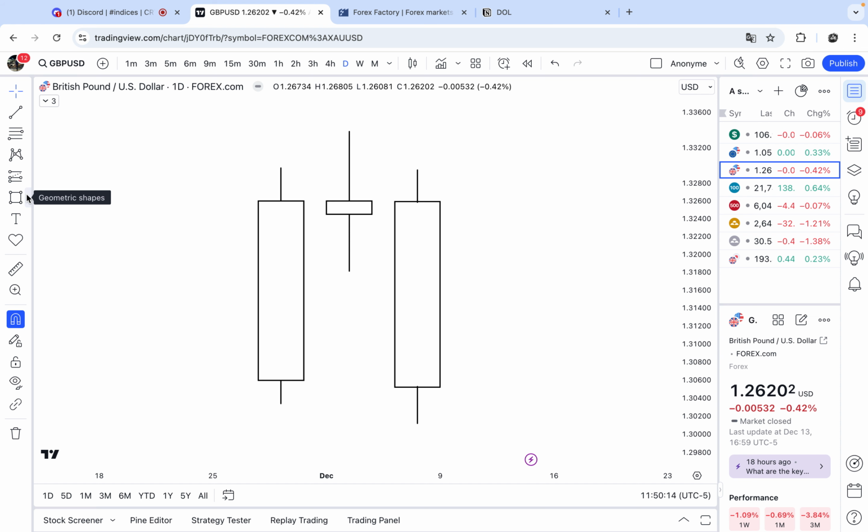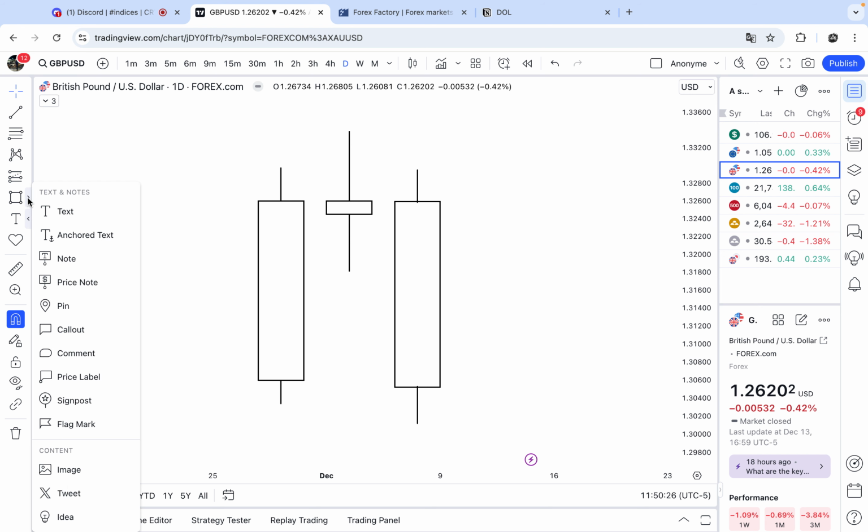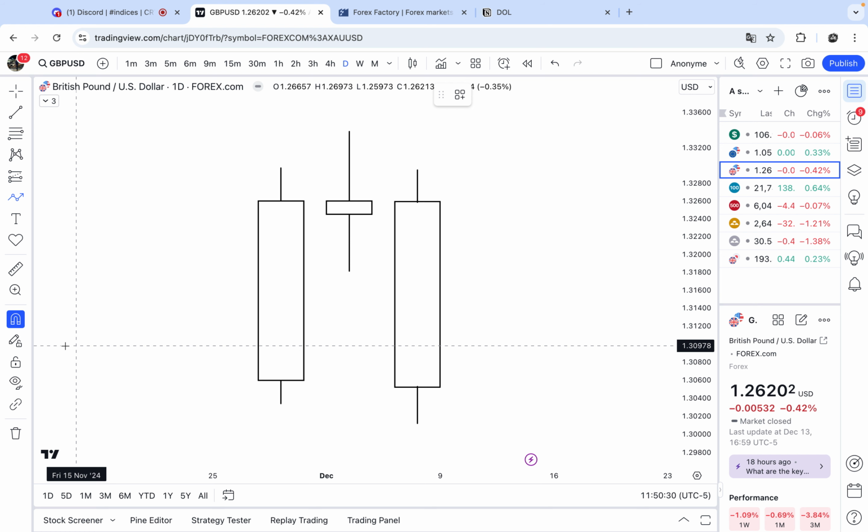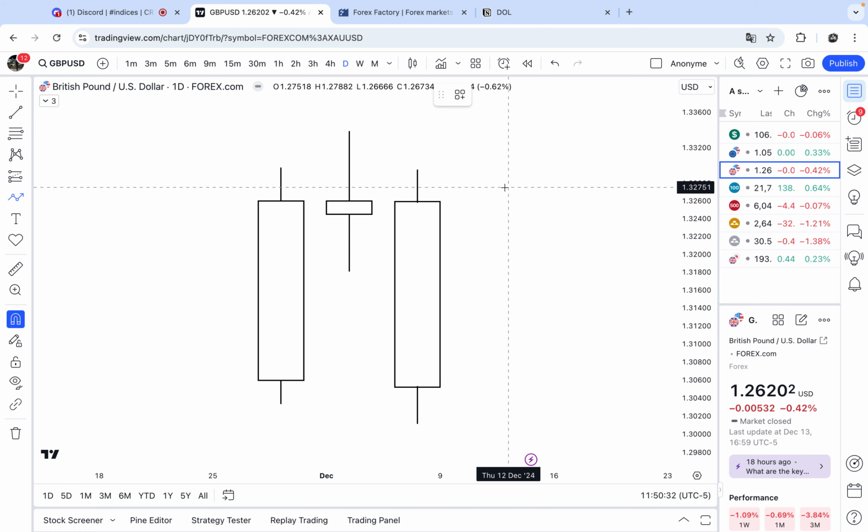This is basically an order block entry. This is my entry here. Let me explain this to you guys, and I will show you some examples. After that, I'm going to do two other technical analyses, and then I will be done.